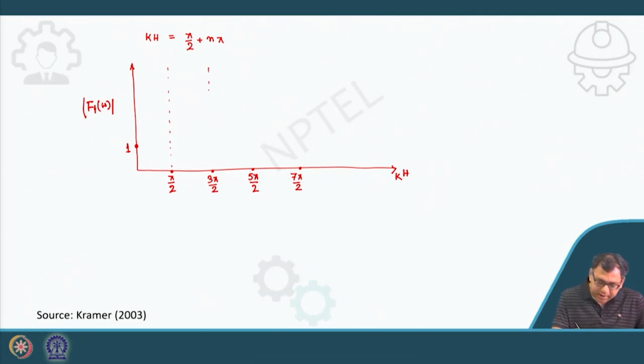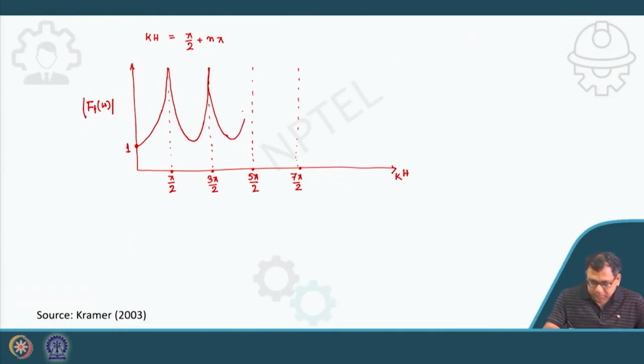That means if your kh is pi by 2, 3 pi by 2, 5 pi by 2, 7 pi by 2, 9 pi by 2, it will be maximum. Then it will come down again, again go to maximum, again come down, and then again reach maximum, like this.